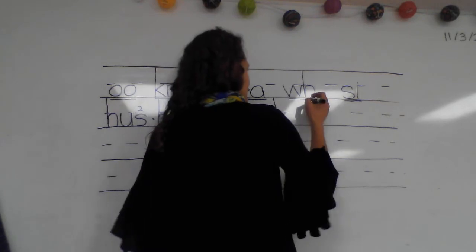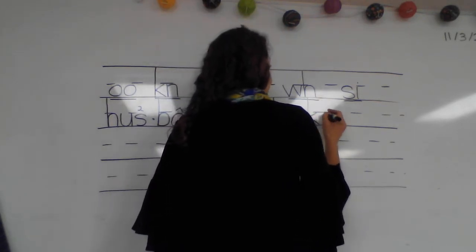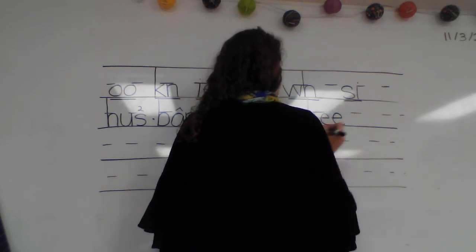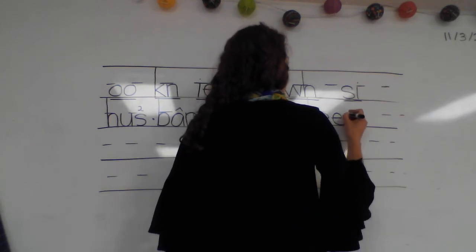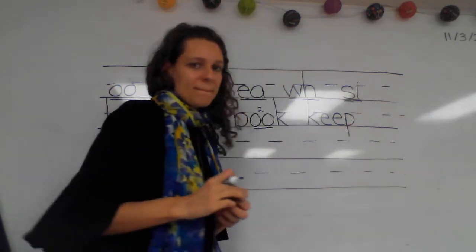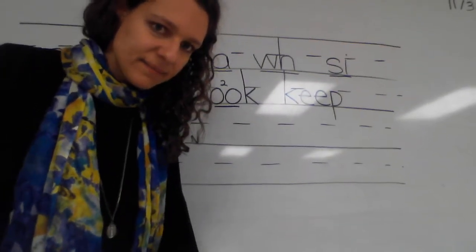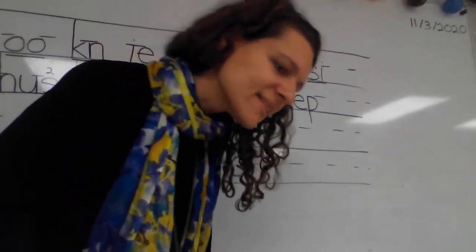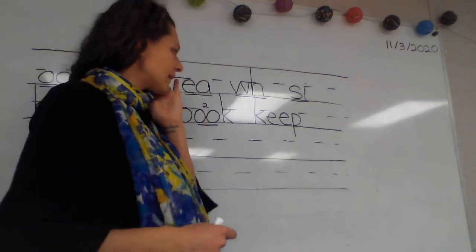Good. Line letter k. And good. Which E? Good. E-double-E. And the last sound? Good. P. All right. Make sure yours looks like this. Sorry, I'm trying to make it so you can see it, but it's hard with the glare.